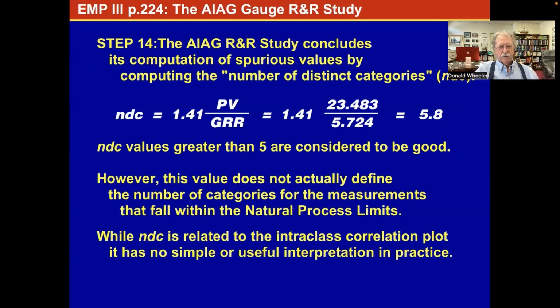However, this value does not actually define the number of categories for the measurements that fall within the natural process limits. While NDC is related to the interclass correlation plot, it has no simple or useful interpretation in practice. I spent years trying to figure out how to explain what this ratio meant, and this bottom line is my conclusion.